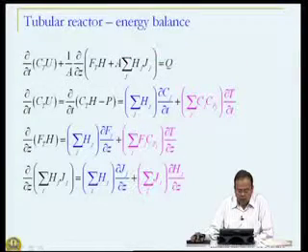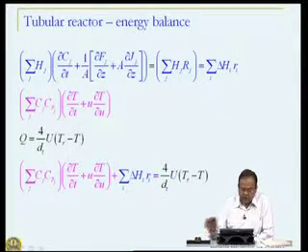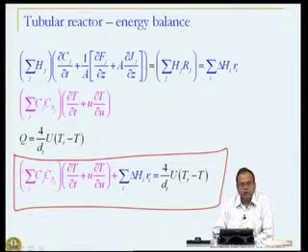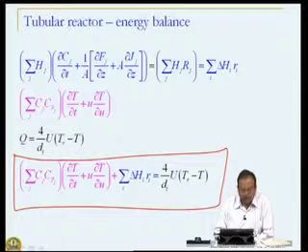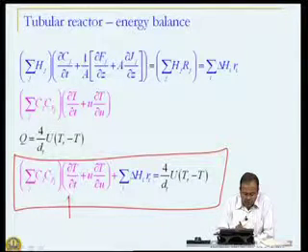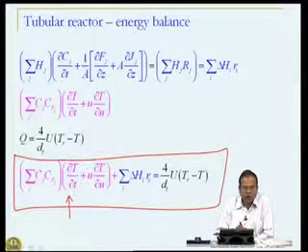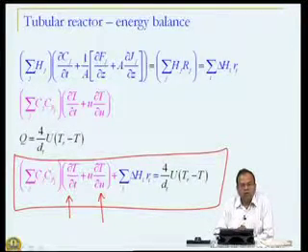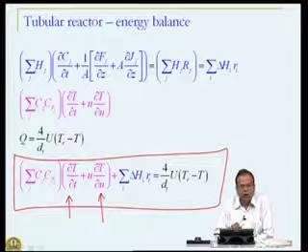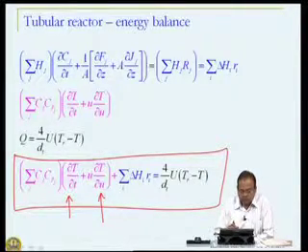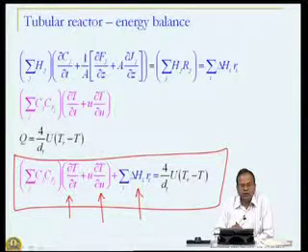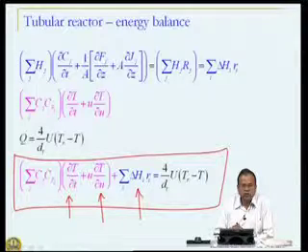Now, if we go through the energy balance, we once again have a similar energy balance. The first term here denotes the accumulation of energy, this is the convective flux or convective enthalpy flow, if you like to call it. This is the contribution due to reaction, summation delta Hi Ri.